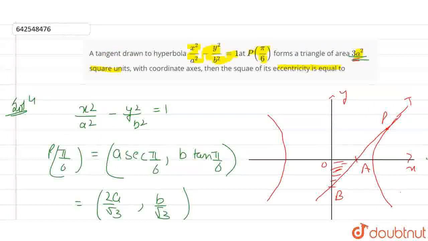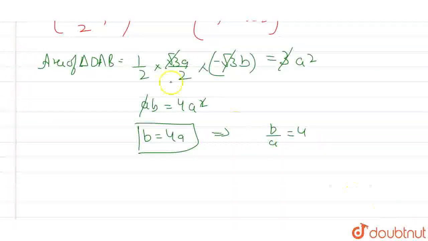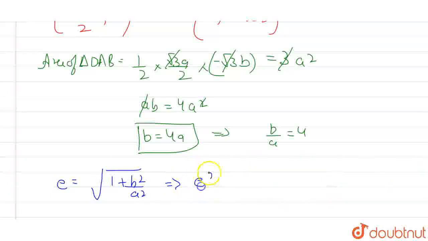The question says we have to find the value of the square of its eccentricity. Simple now. Eccentricity equals under root of 1 plus b square by a square, which means e square equals 1 plus b by a whole square.